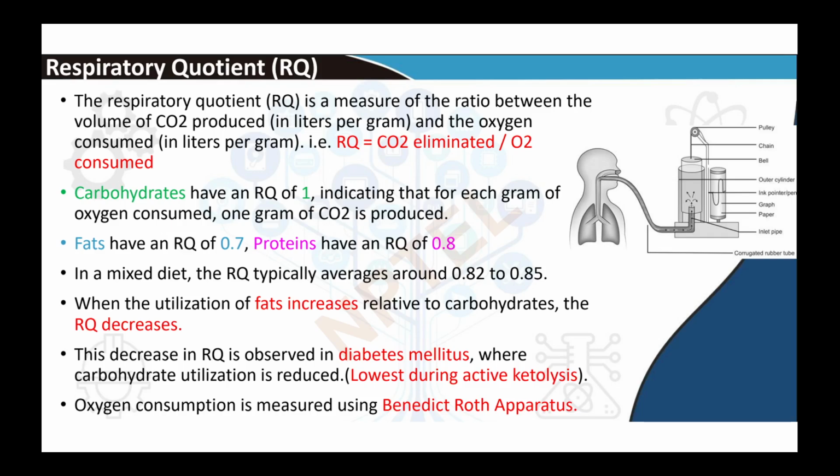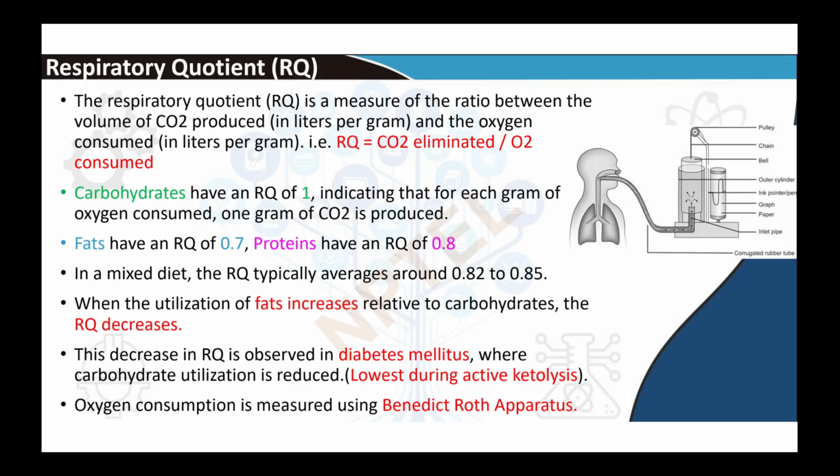So, respiratory quotient is basically the volume of CO2 produced divided by the volume of oxygen consumed. Carbohydrate has a respiratory quotient of 1. That means for each unit of oxygen consumed, one unit of CO2 is produced.